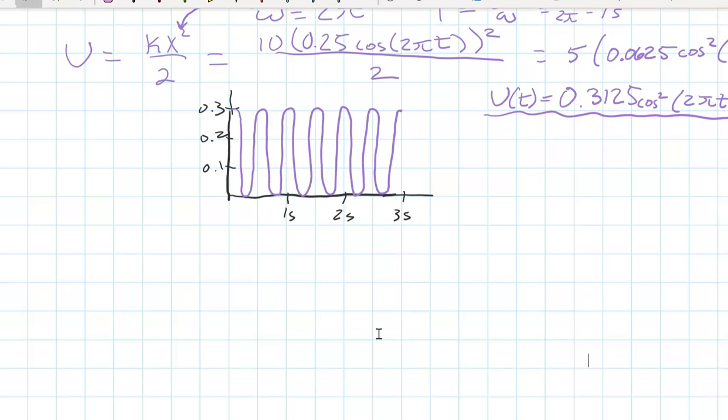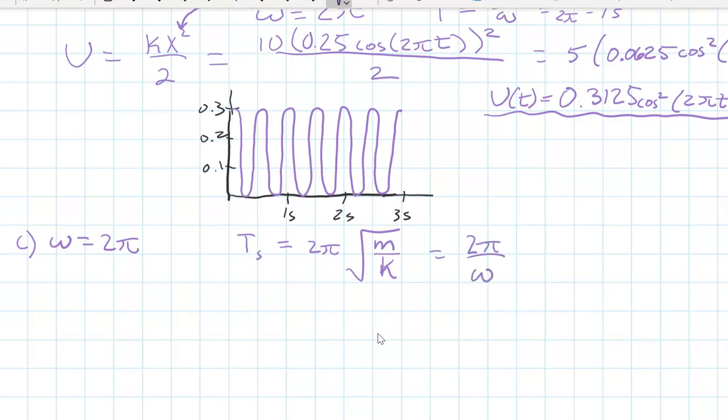So remember that omega is equal to 2 pi, and we know that the period of a spring is equal to 2 pi times the square root, and this is part C, of m over k. And then also from our formula sheet, we know that the period in general is equal to 2 pi over omega.